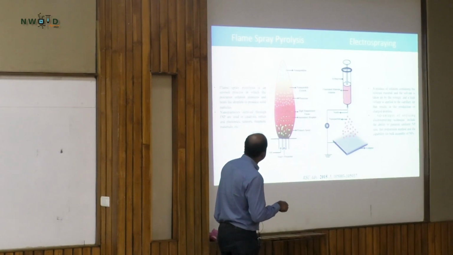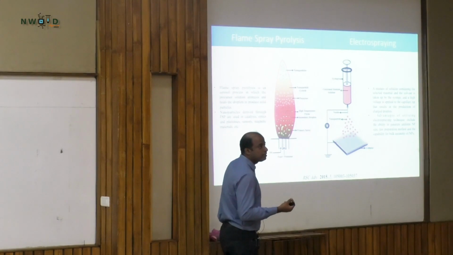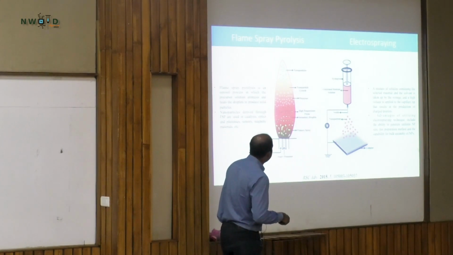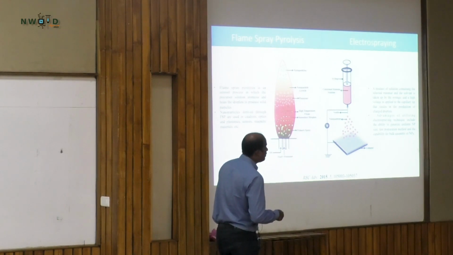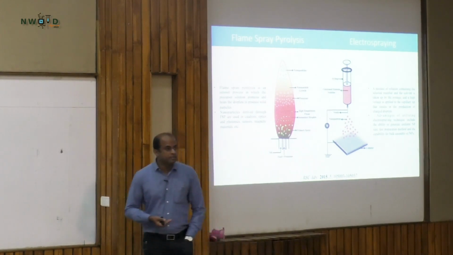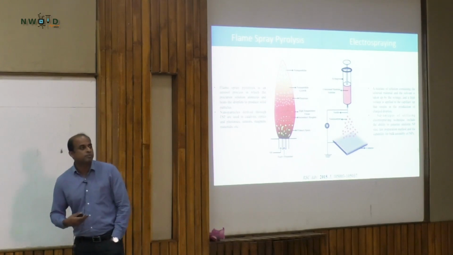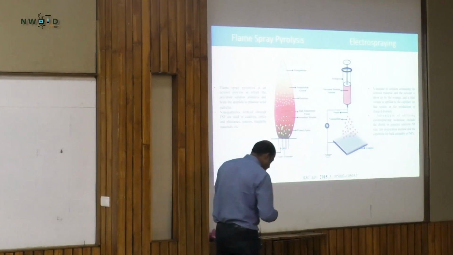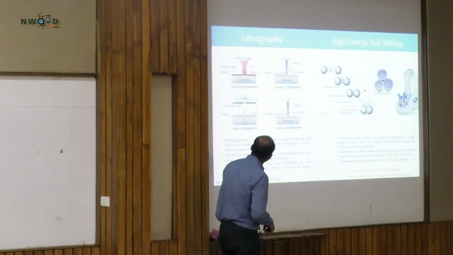The big advantage is you can get a uniform size of the nanoparticle. It's a well-uniform effect of nanoparticle, and it will form within a short span of time. You don't have to wait for many days, like in hydrothermal, where you have to wait maybe 2 days, 3 days to get the nanoparticle.